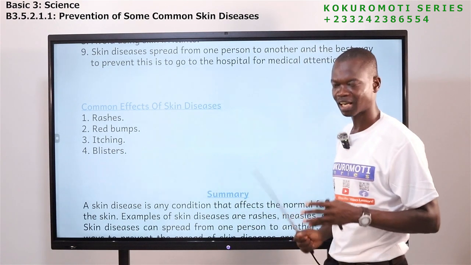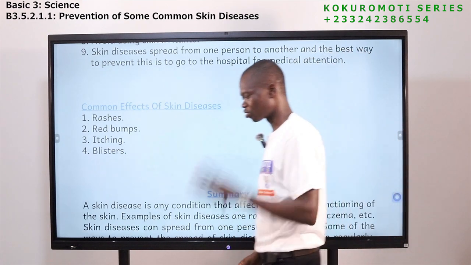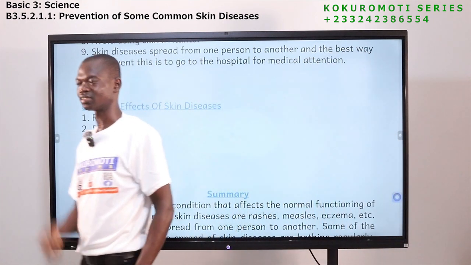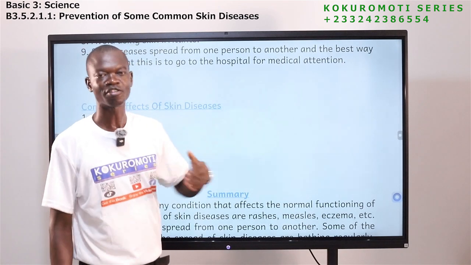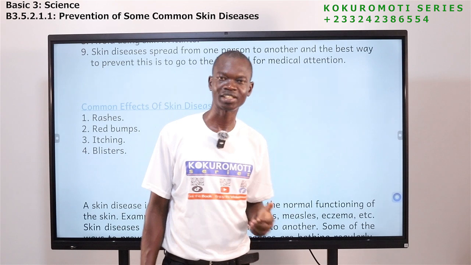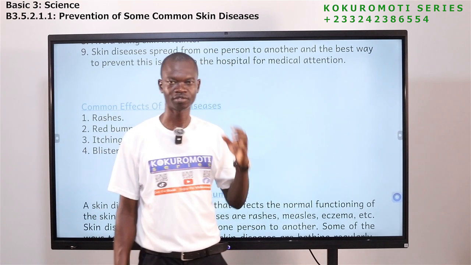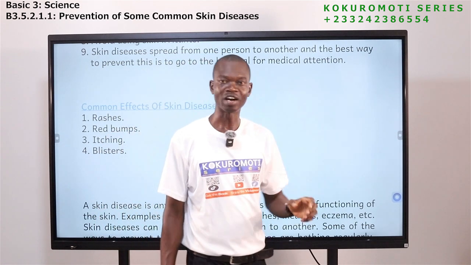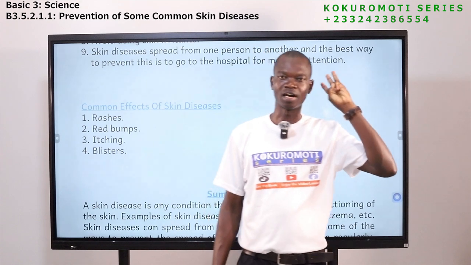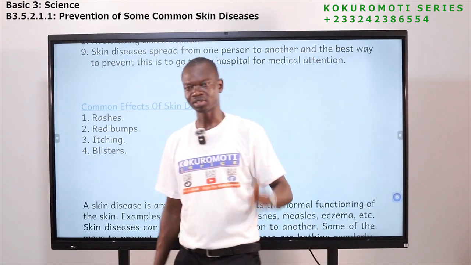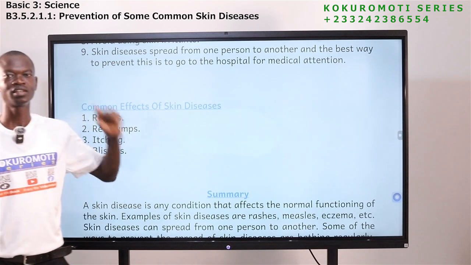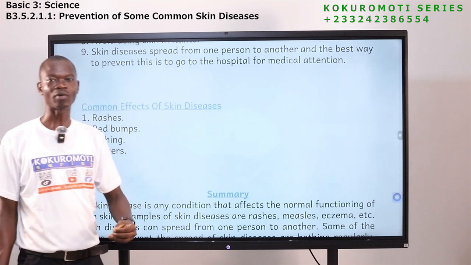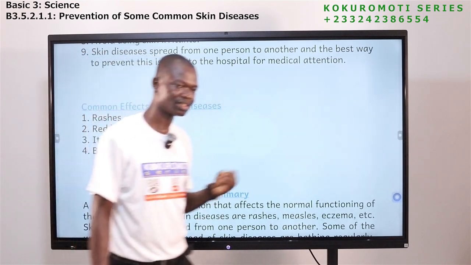So we have learned today about skin diseases, 4 common skin diseases. We said that skin diseases are diseases that affect the skin. It affects the normal function of the skin. 2, we have also learned that measles, chickenpox, eczema, rashes, ringworm, all these are examples of skin diseases.